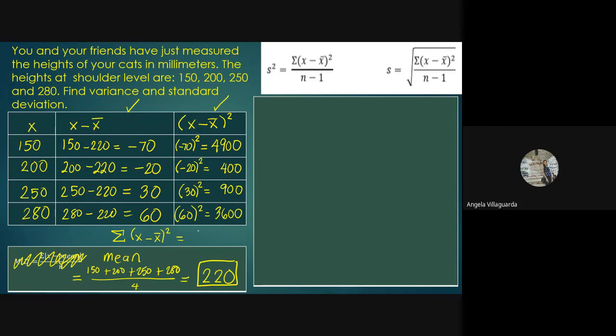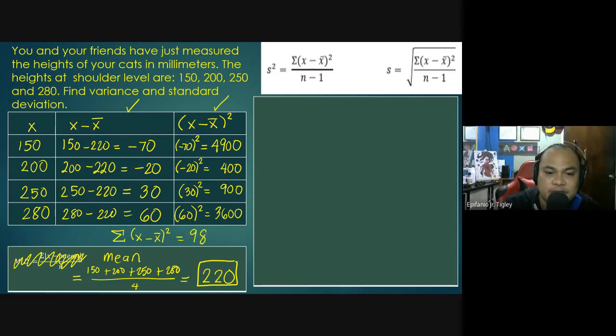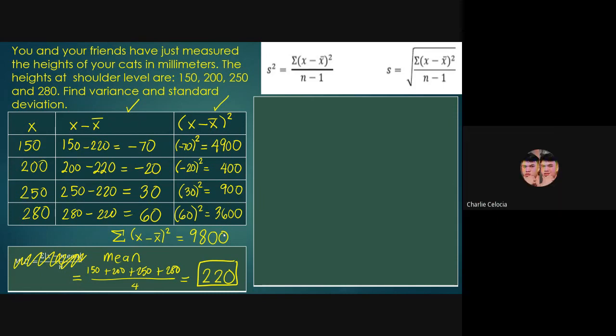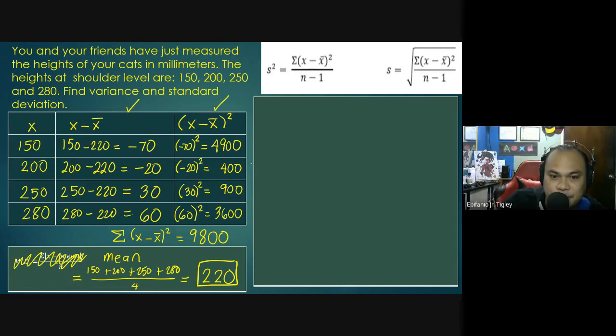9,800. Were you able to get 9,800, all of you? This is the crucial part. All of you got 9,800, yes or no? Yes, okay. Let's now begin with the variance.